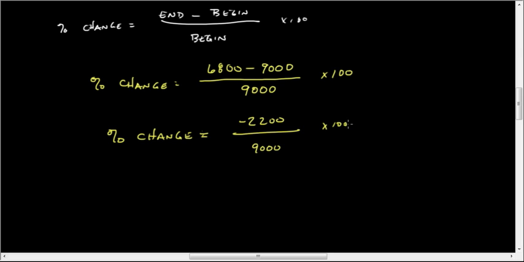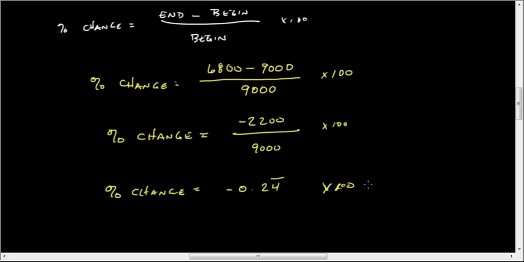Negative 2,200 divided by 9,000 gives me a percent change of negative 0.24, with the 4 repeating, times 100.